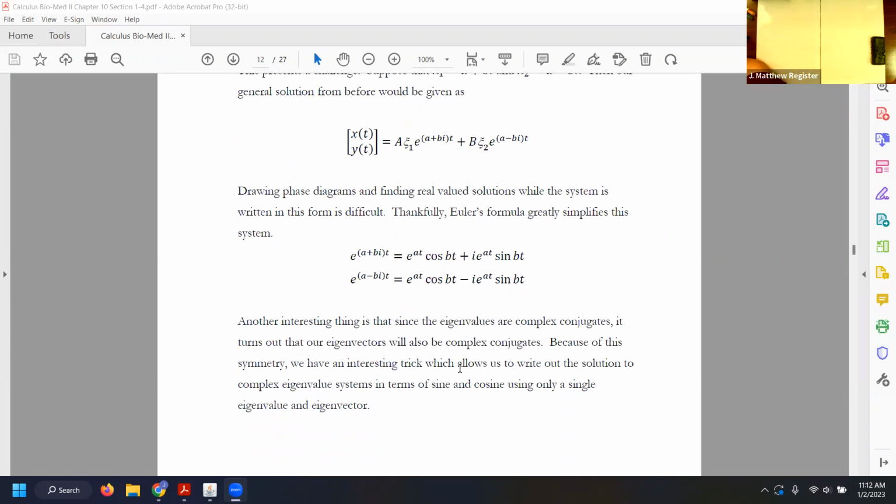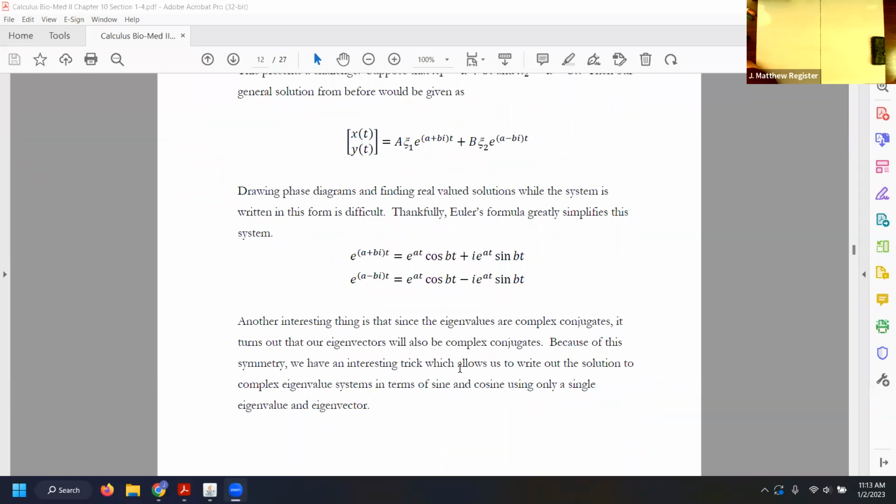Another interesting thing is that since the eigenvalues are complex conjugates, it turns out that our eigenvectors will also be complex conjugates. Because of this symmetry, we have an interesting trick, which allows us to write out the solution to complex eigenvalue systems in terms of sine and cosine, using only a single eigenvalue and eigenvector.